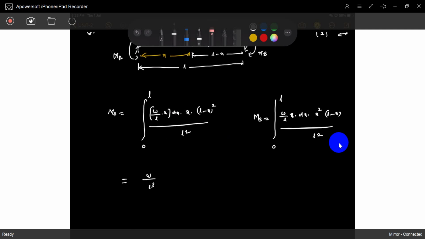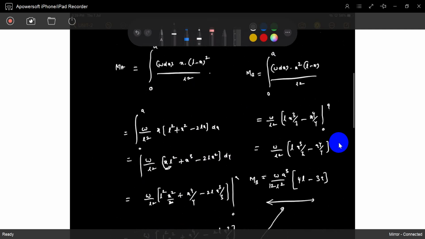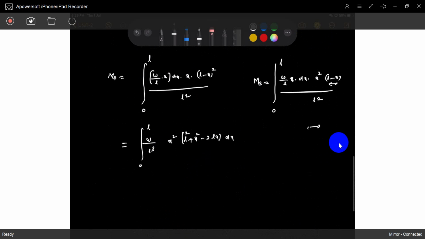W by L cube, outside. x square times (L minus x) square, that is x square times (L square minus 2Lx plus x square), dx from 0 to L. This one is simple because it's a direct integration. L square x cube by 3, x power 4, x power 5 by 5, 2L x cube, x power 4 by 4, integrated from 0 to L.